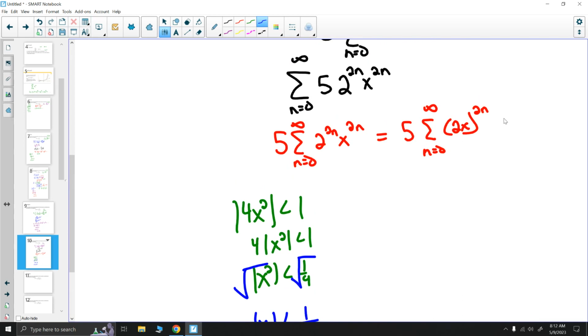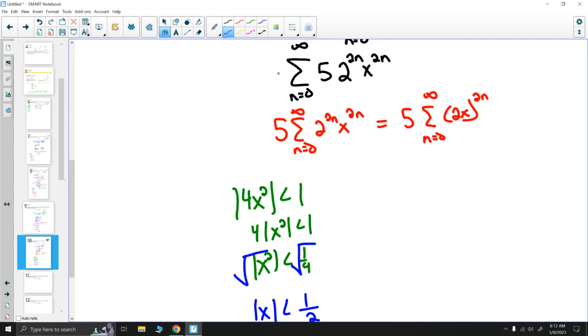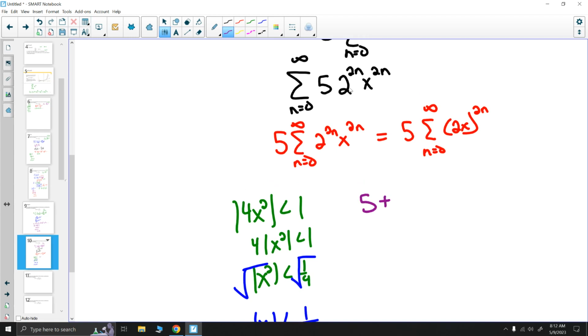So let's take a look at what this series looks like. When n is 0, this would be 1, and this would be 1, so it would be 5 times 1. Plus, this is kind of why I also like to have it in this form personally.